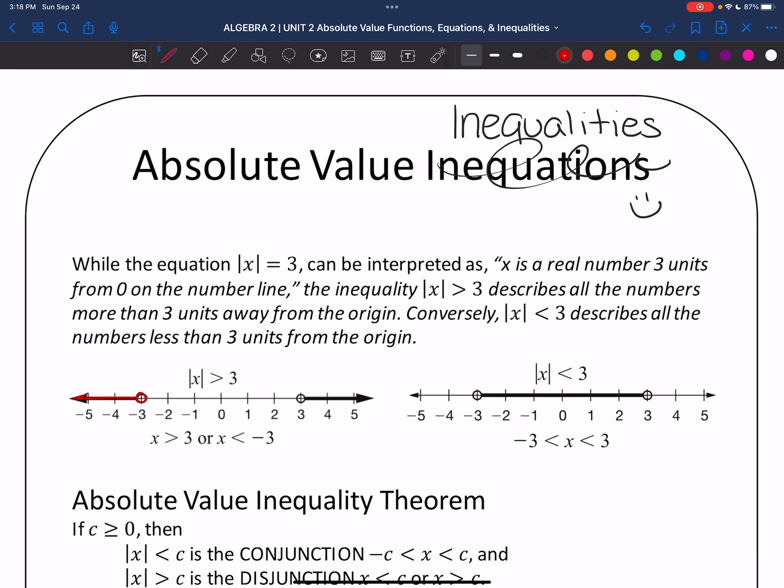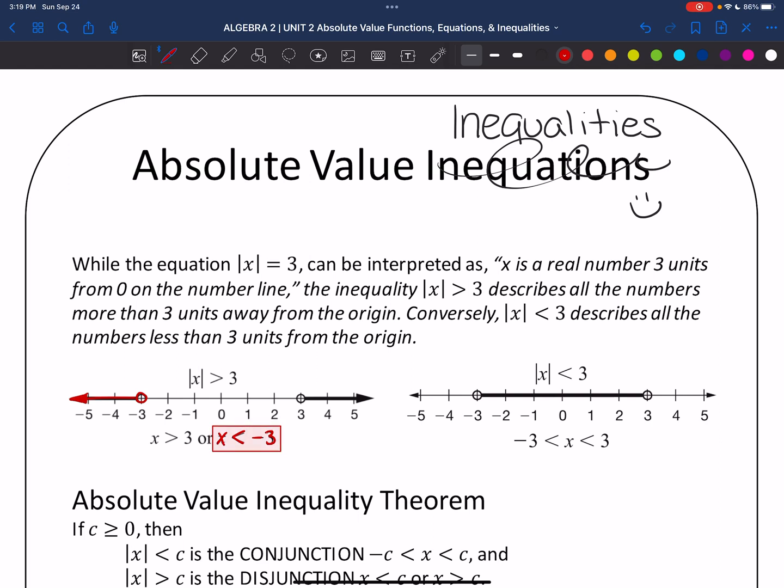This section that I'm highlighting in red, these are the values where x is less than -3.